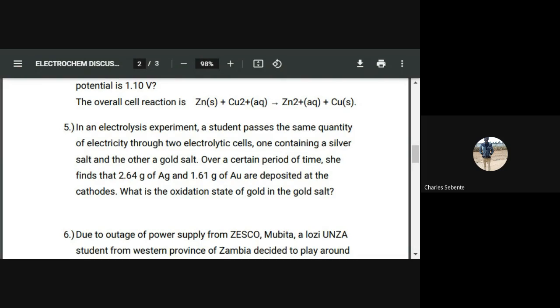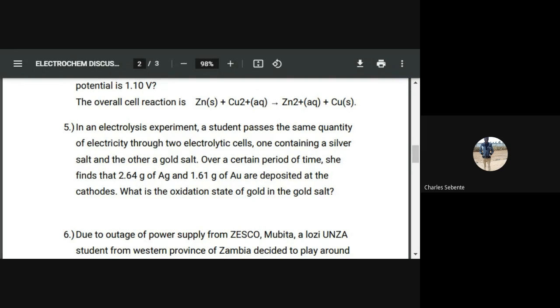Of course, we are taught that the same quantity of electricity was passed through these electrolytic cells, which means that if we had 5 amperes of current passing through the electrolysis that contains silver, it could be the same that was passed through the electrolysis that contains gold. So these two are the same, and that implies that even their charges should be the same.